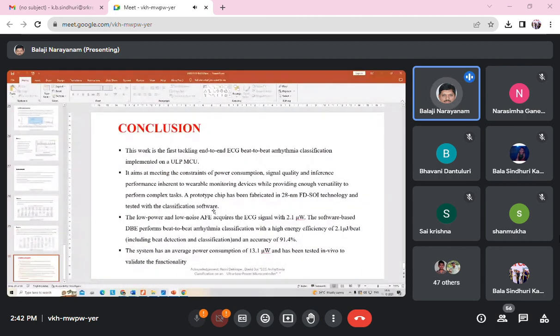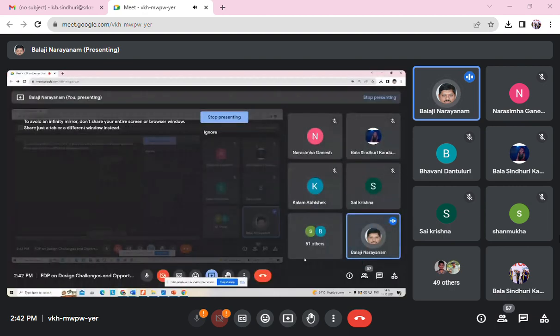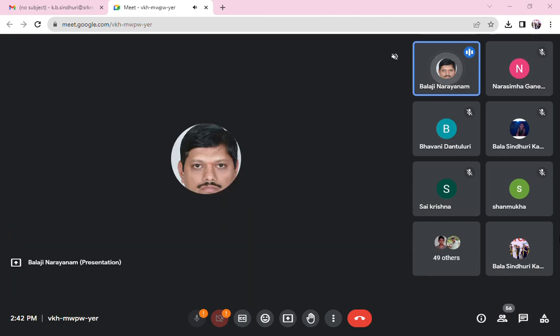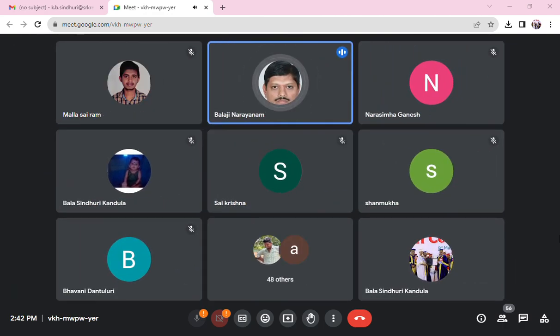Let me stop this and switch over to the FPGA implementation. I have shown you how the classification is done based on a microcontroller, like an ARM microcontroller. The same task can be performed using your FPGA implementation, which makes the VLSI implementation very easy when compared with the other implementations.